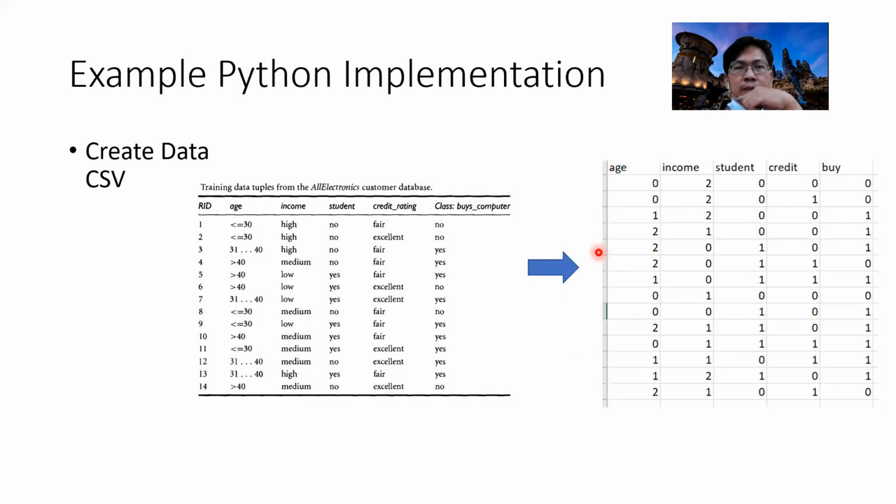Okay, how to implement in Python? First, we have to convert this data into numbers. For example, below 30 is 0, middle age is 1, and more than 40 is 2. And 0 is not buy, 1 is buy, and so on.